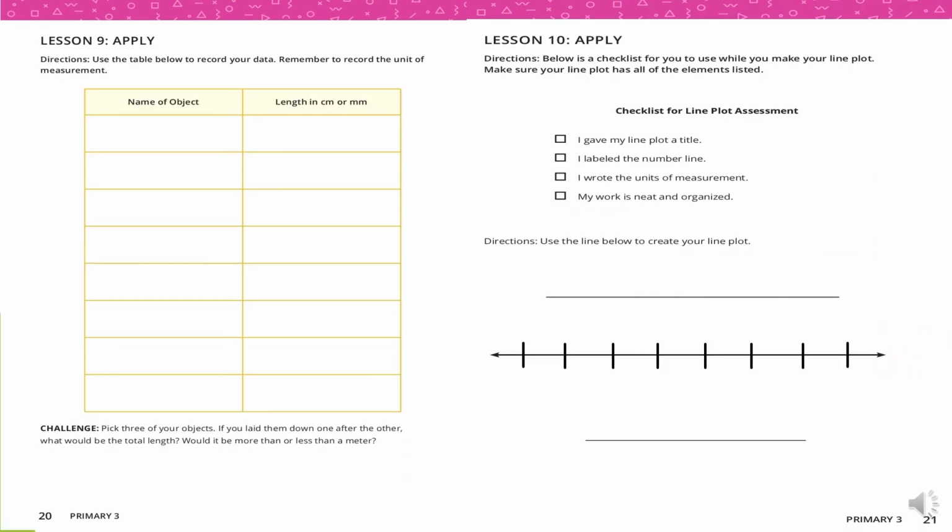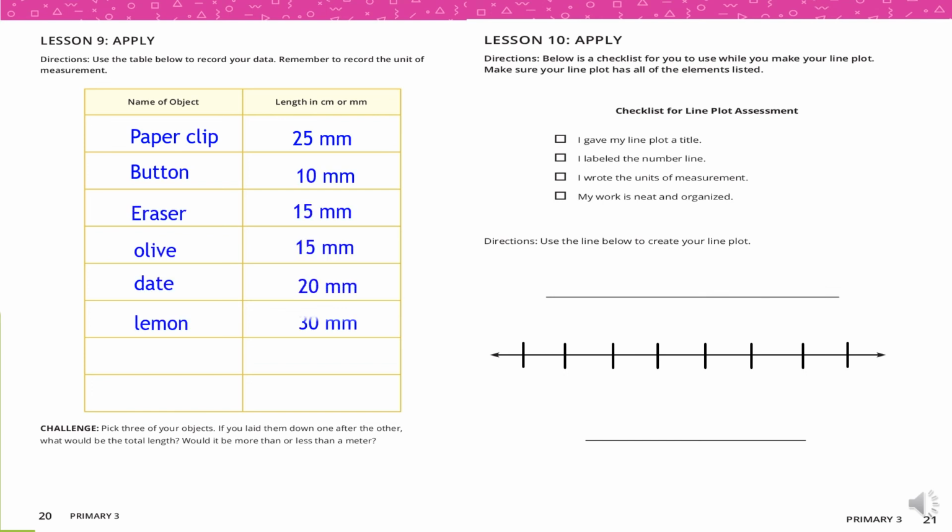Lesson 9. Let's apply. Use the table below to record your data. Remember to record the unit of measurement. Here we have some objects and we will find its length in centimeter or millimeter. If we have a paper clip, it's 25 millimeter.